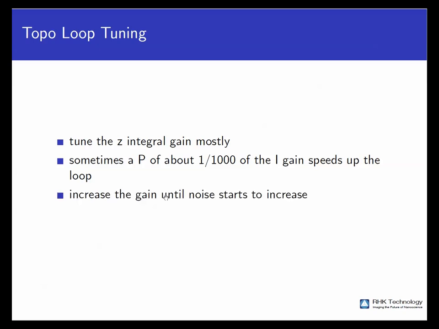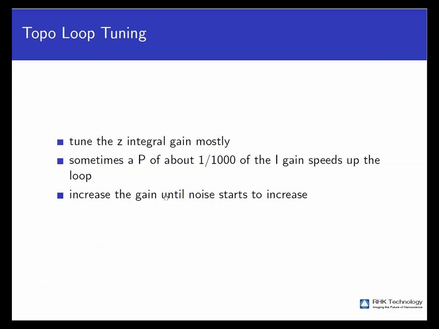The way to tune the gain is to engage the loop, obviously, start scanning, and watch the image line, watch the image. If you increase the integral gain, then your detail will increase in the picture.